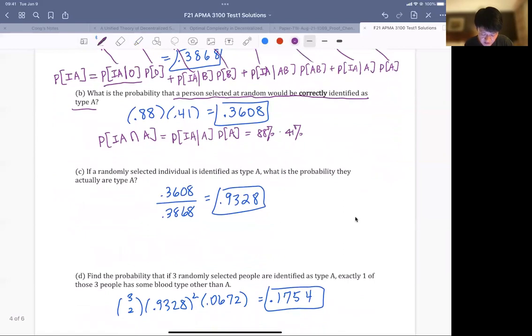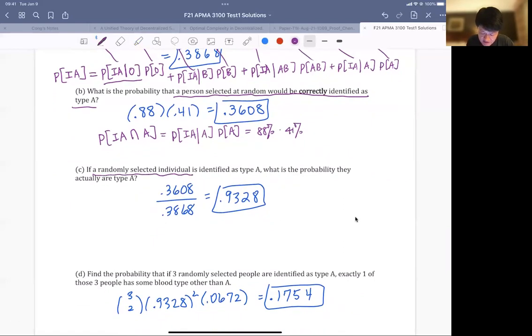Question C: if a randomly selected individual is identified as A, what is the probability they actually have type A?